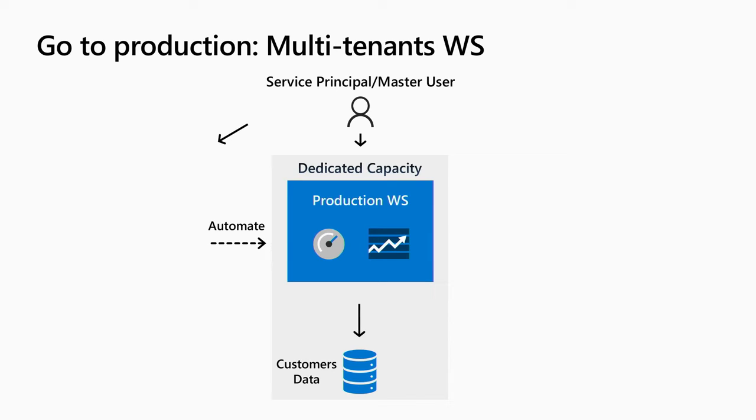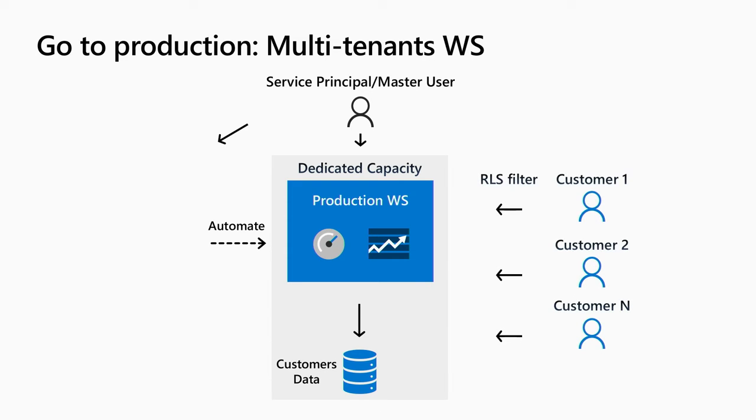So in the same data set, you have the data of all your customers. So how do you manage your customers? Customer management here is done through RLS filtering, like Ran described before. So when you onboard a new customer, all you need to do is add the role, and you automatically get the separation at the data level.